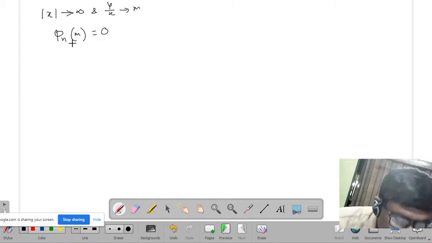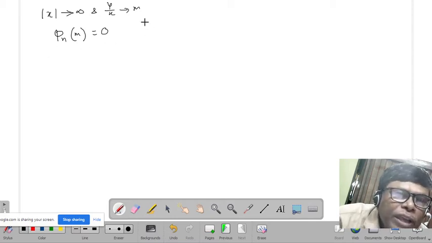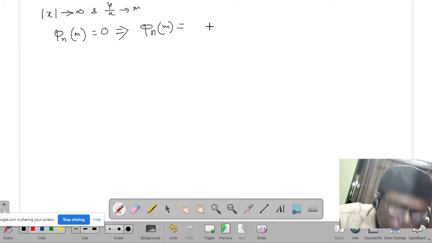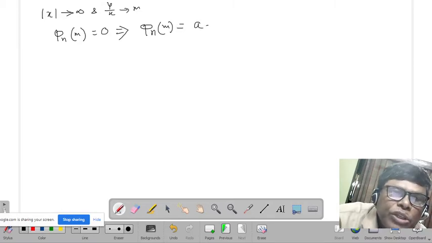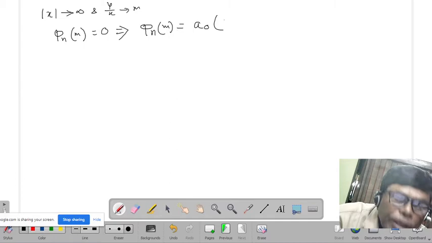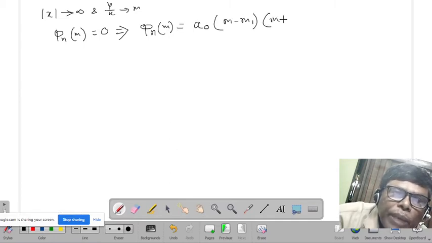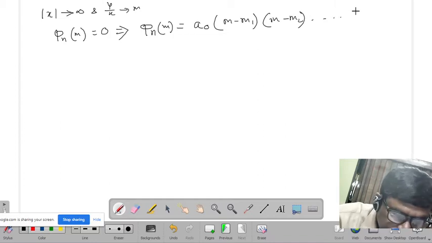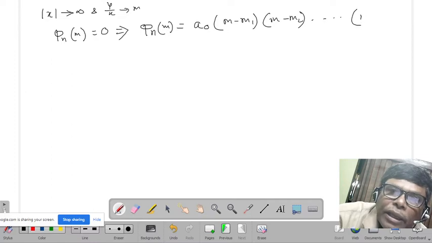That means what does it mean? You know from your knowledge of algebra that phi n m is nothing but some constant a0 into m minus m1 into m minus m2 and so on, m minus mn.